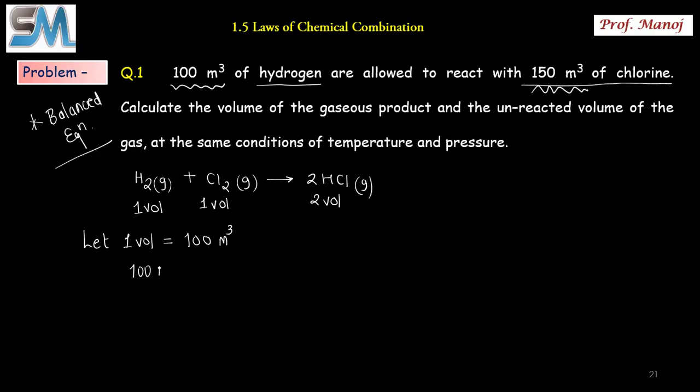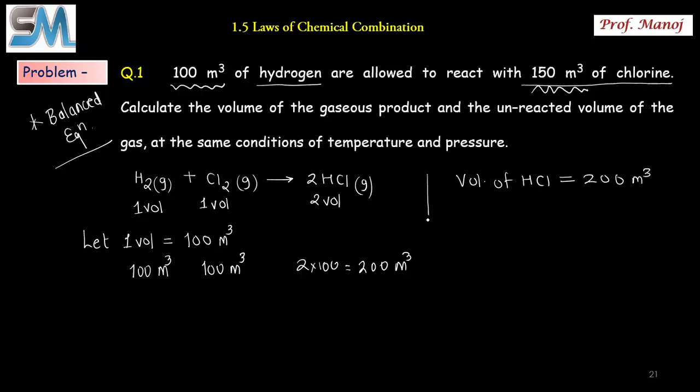So it comes out that 100 meter cube hydrogen is going to combine with 100 meter cube chlorine to form 2 into 100, that's 200 meter cube HCl. So the volume of HCl we are going to get will be 200 meter cube.